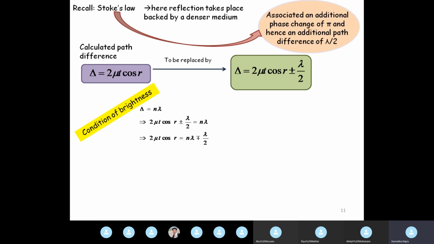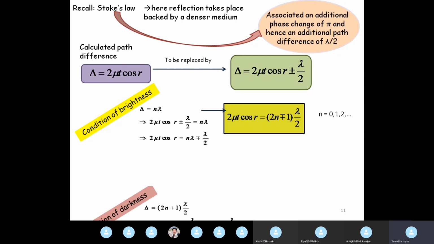So you put the expression of delta, 2 mu t cos r plus minus lambda by 2 equal to n lambda. So that 2 mu t cos r equal to n lambda, plus minus goes that side, it becomes minus plus lambda by 2. And so finally condition of brightness is given by 2 mu t cos r equal to 2n minus plus 1 lambda by 2, where of course n is any integer.